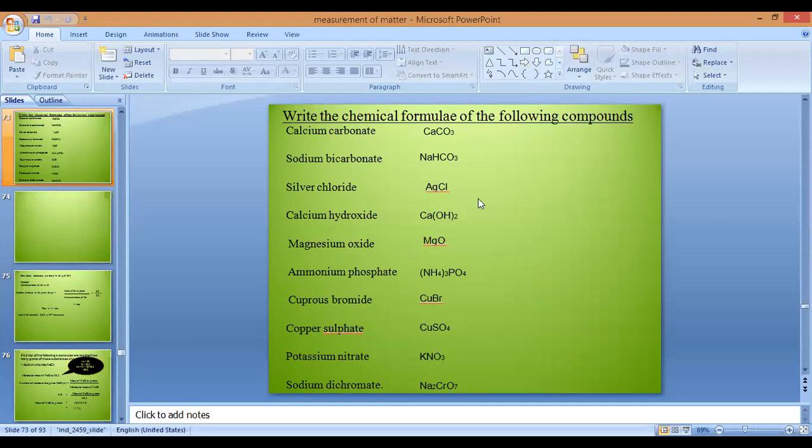See, if we talk about this chapter, measurement of matter, from the beginning, we spoke about laws of chemical combination, isn't it? In laws of chemical combination, we studied about 2 laws, which is law of conservation of matter and law of constant proportion. I'm just quickly having a recap of what we have done till now. Law of conservation of matter was given by Antoine Lavoisier and law of constant proportion was given by J.L. Proust.